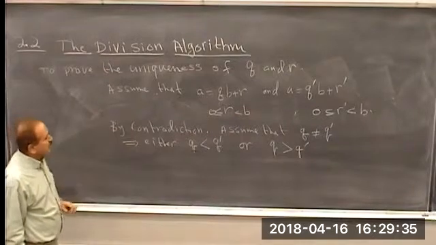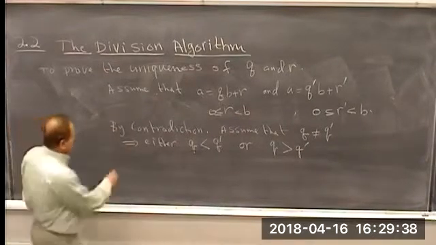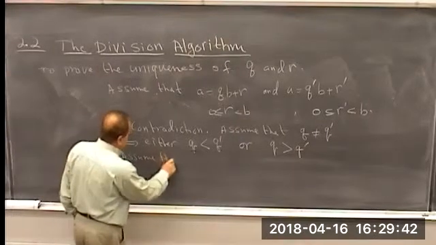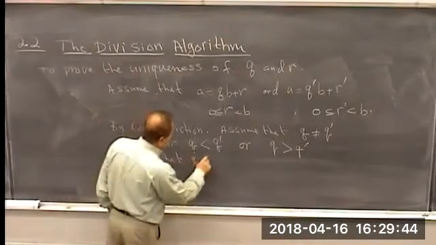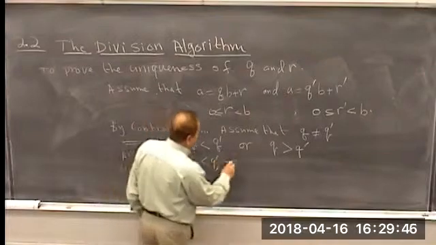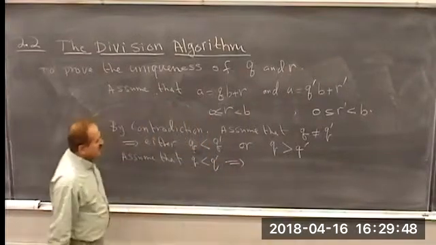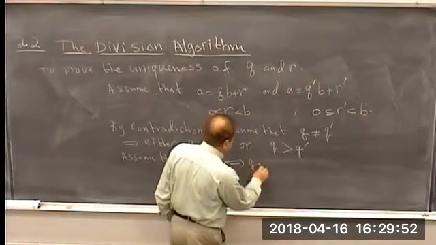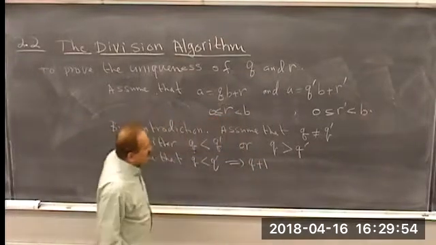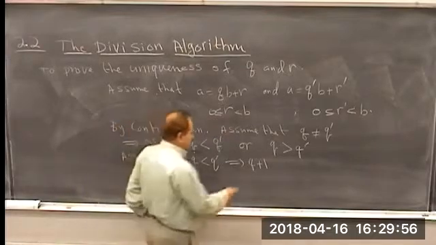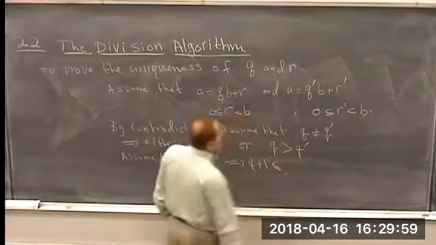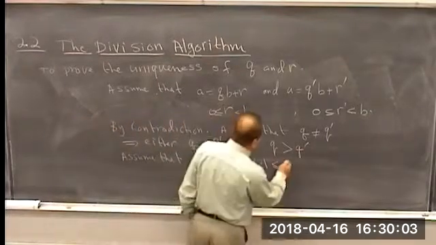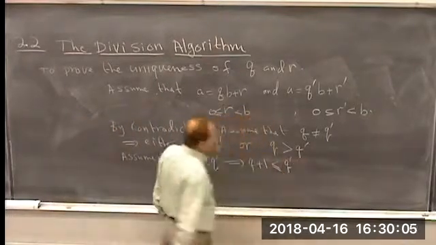That's why we're proving something will go wrong. So let's assume that Q is less than Q prime. This implies if I add 1 to Q, it might become equal, but it's not going to get bigger. It's going to be less than or equal to Q prime.